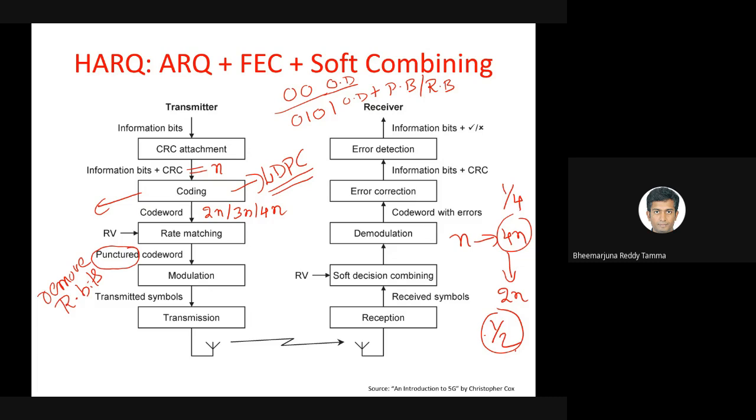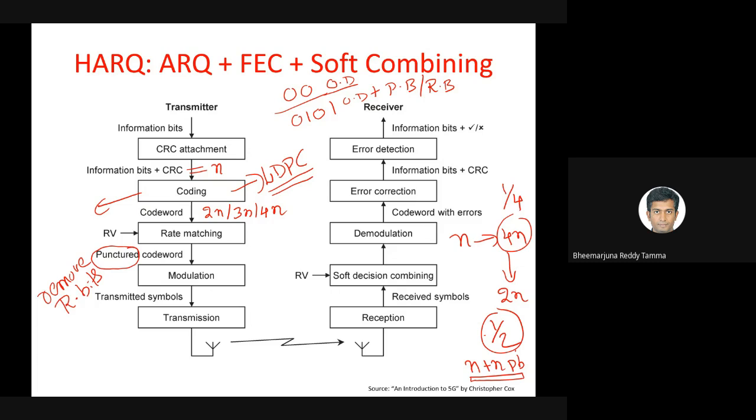The logic behind puncturing is this. As you see here, we have the original n bits. Rather than sending n, we are sending 4n by adding 3n redundancy or parity bits. But you are not transmitting all 4n bits. Instead, we transmit, let's say, the original n bits plus n parity bits. These are received at the receiver.